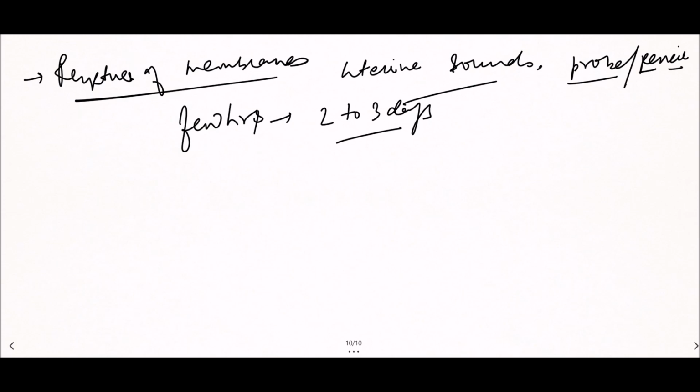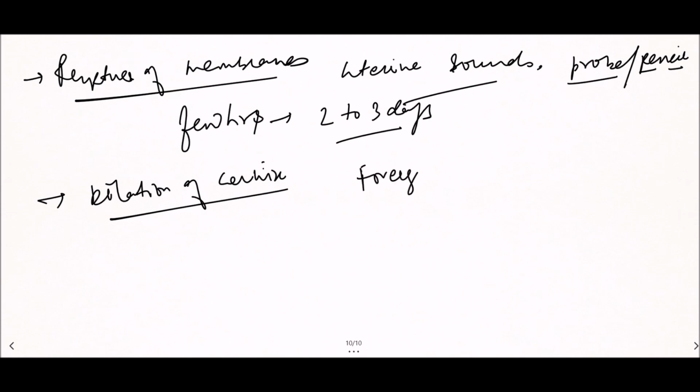Now the third method is the dilatation of the cervix. That can be done by a foreign body left in the cervical canal. If we have left some foreign body in the cervical canal, that is responsible for the slow dilatation of the cervix.